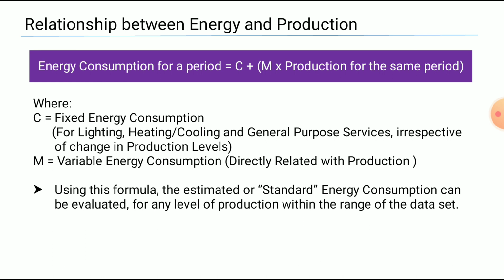M is equal to variable energy consumption, or you can say directly related with production. By using this formula, we can calculate the standards of energy consumption for any level of production within the range of the data set.